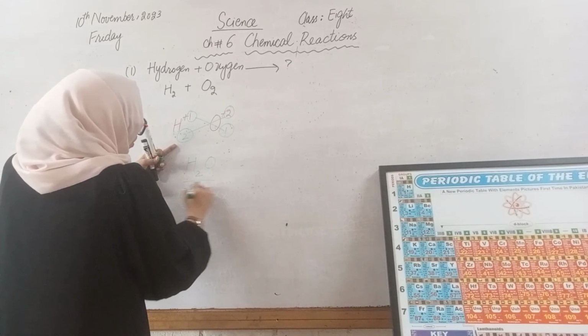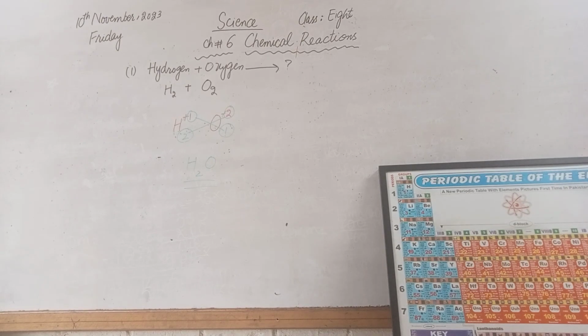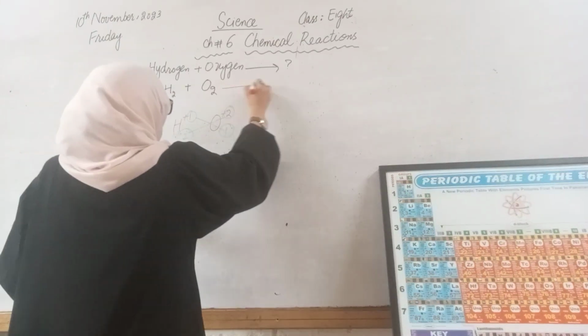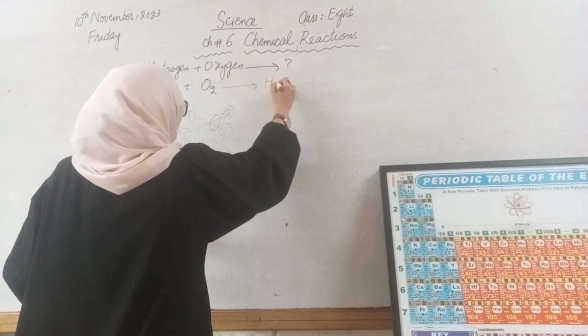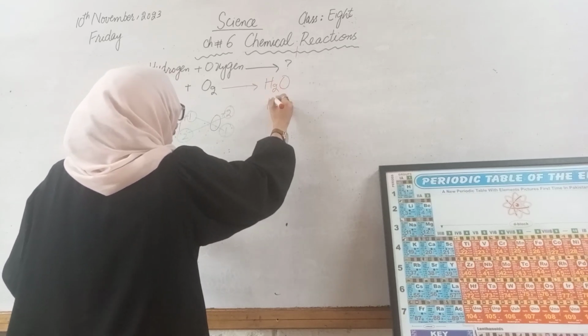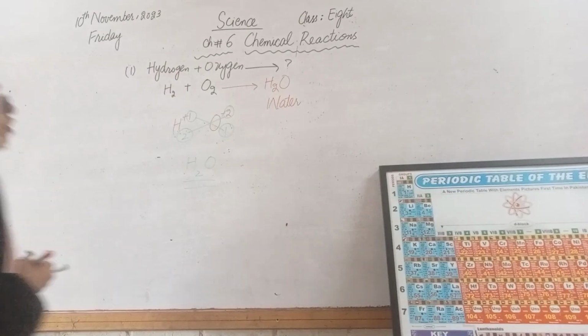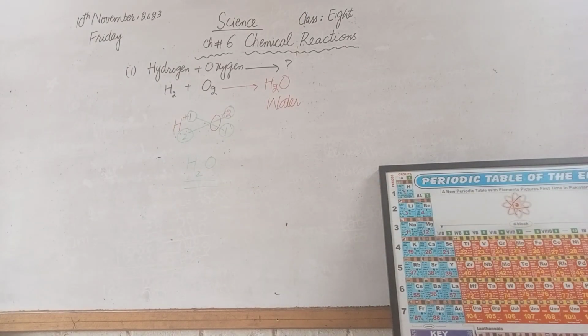H2O. So our final product is H2O. In our result, H2O, it is the formula of water. Similarly, we will do many reactions in a theoretical manner as well. This is our first example.